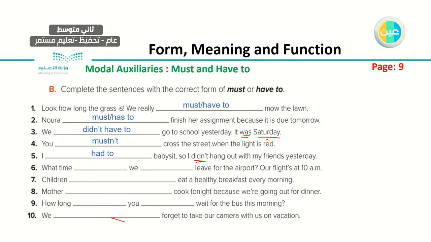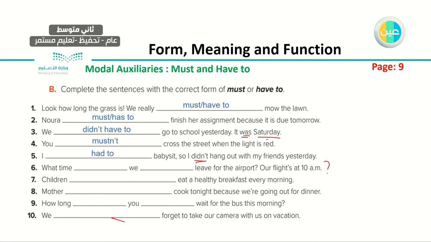Okay. What time? It's a question now. What time did we leave? Okay. What time? I have two gaps. Leave for the airport. Our flight's at 10 in the morning. So we can say, do we have to leave? I have to use the auxiliary do. Do we have to leave for the airport?